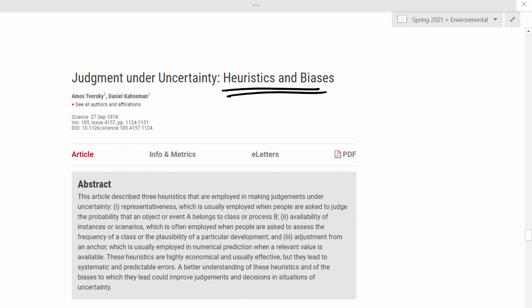And so if you want to look at how psychology affects human decision-making in ways that are not necessarily flaws, but when people make decisions under uncertainty, they're subject to these heuristics and biases. Kahneman has a really nice book related to this called Thinking, Fast and Slow.